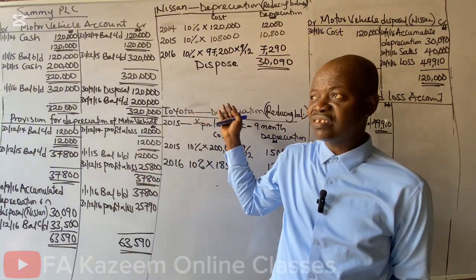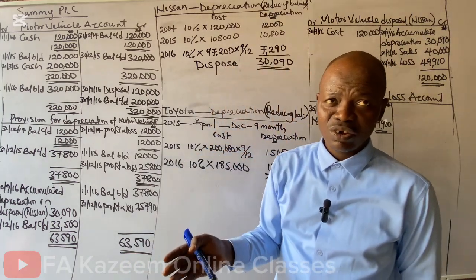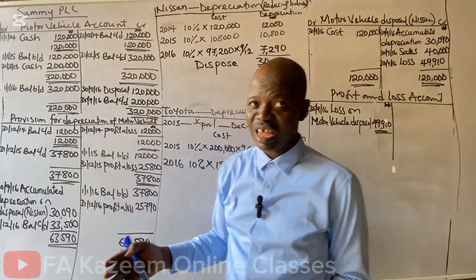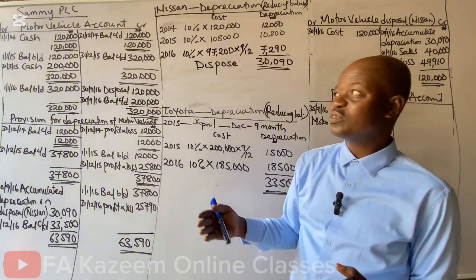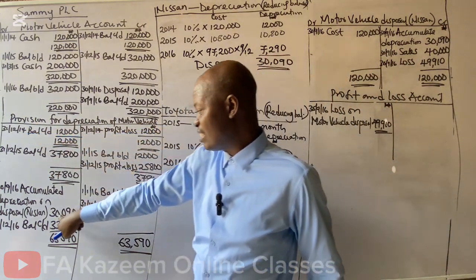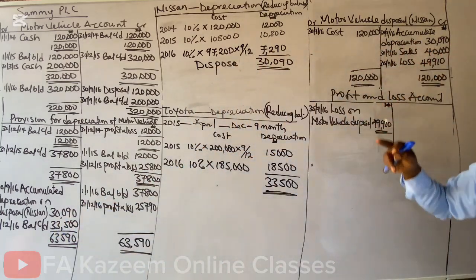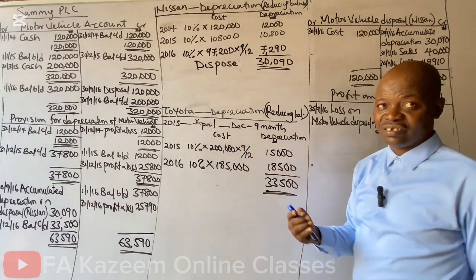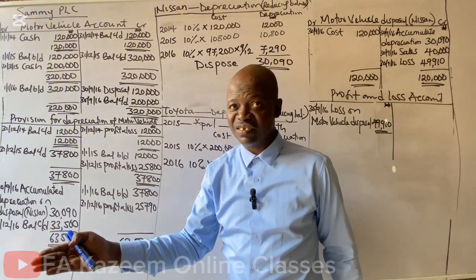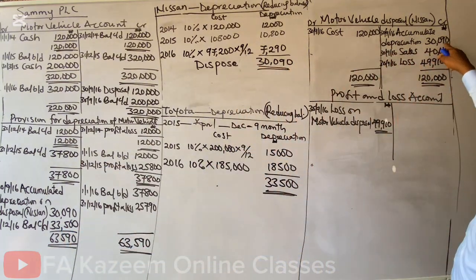But the purpose of asset disposal account is to know whether we are disposing at profit or we are disposing at loss. How do we know that? The total amount we set aside, which we know as provision for depreciation, for that asset is 30,090, and the asset was sold for 40,000, meaning what we have been able to realize from what we set aside and the amount the asset was sold was just 70,090.